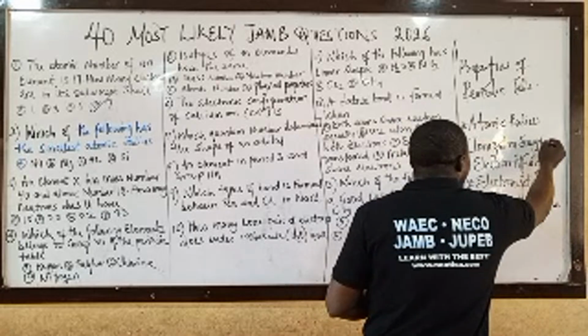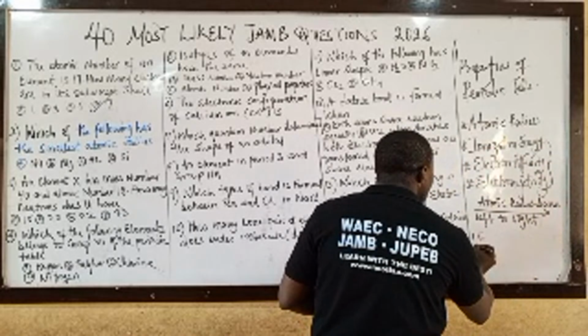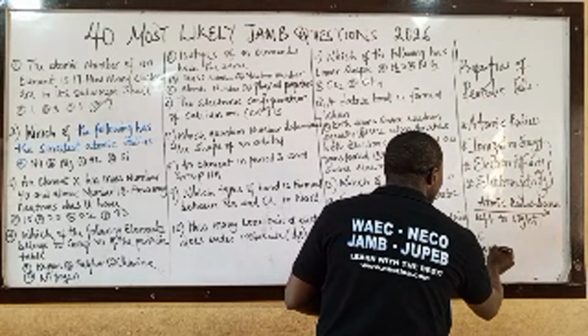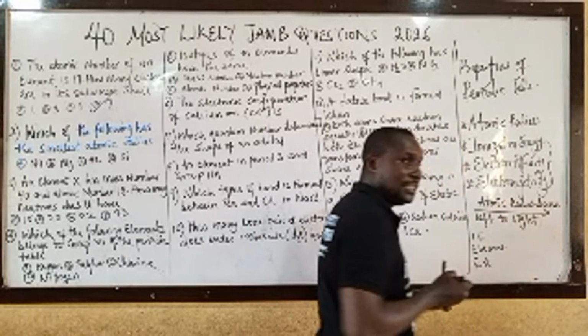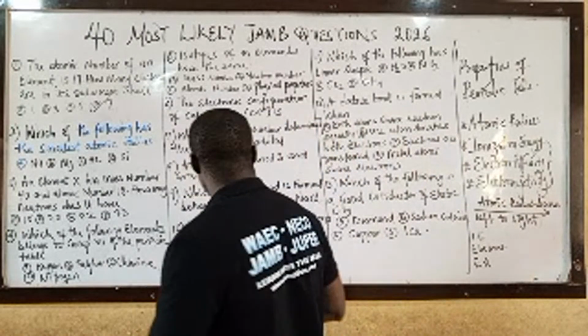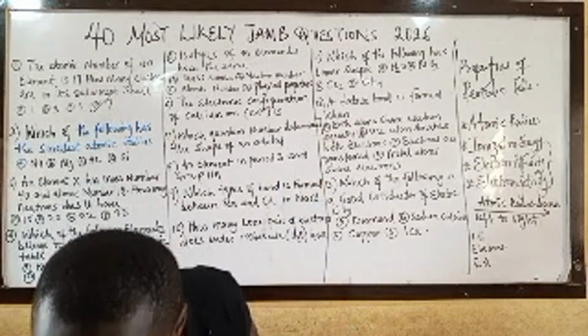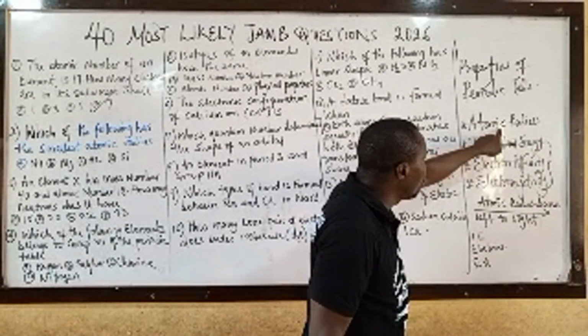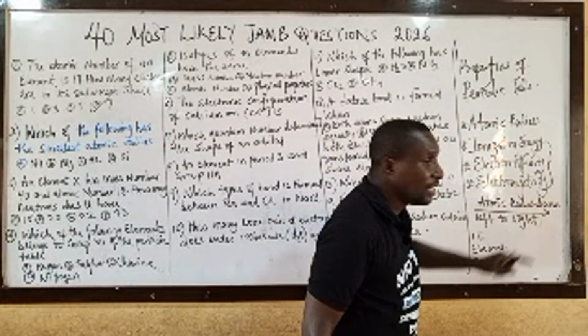While the other three, ionization energy, electronegativity, electron affinity, they what? Increases. Let me explain. As you are moving across the periodic table, please write this down.